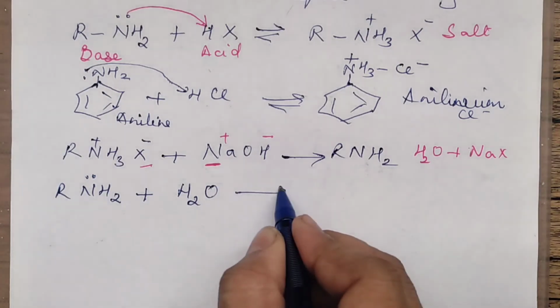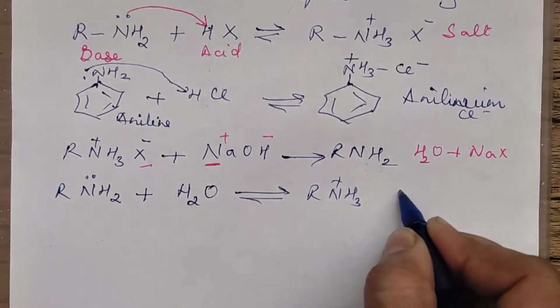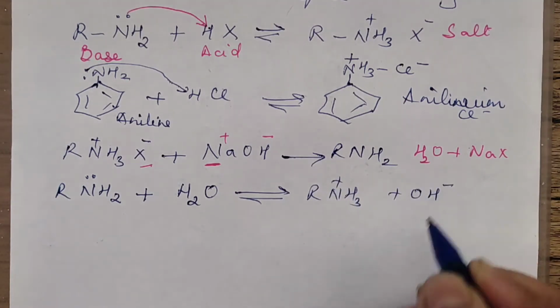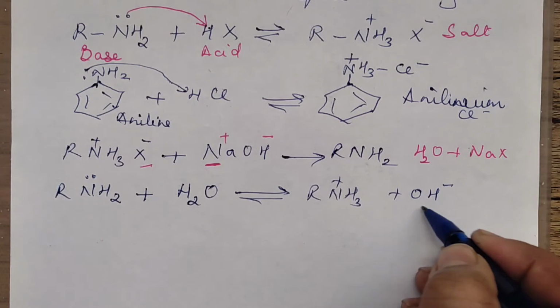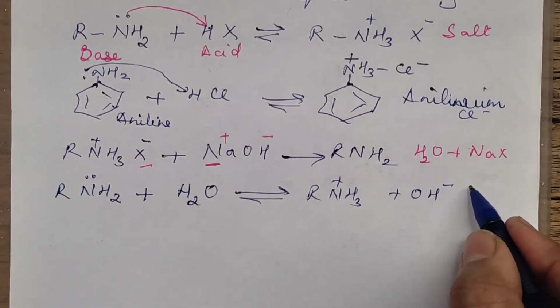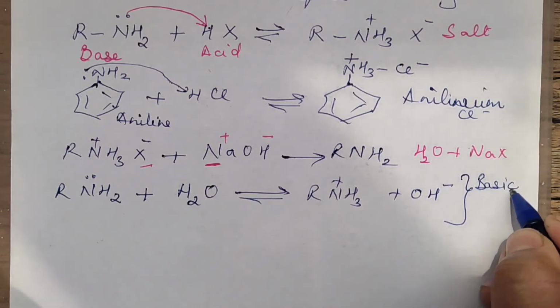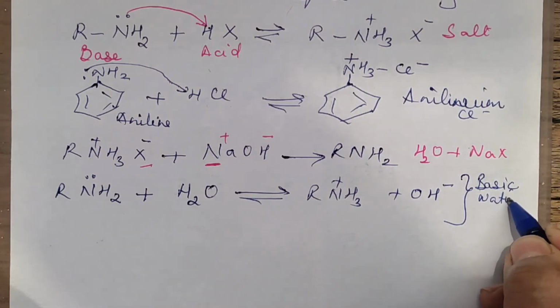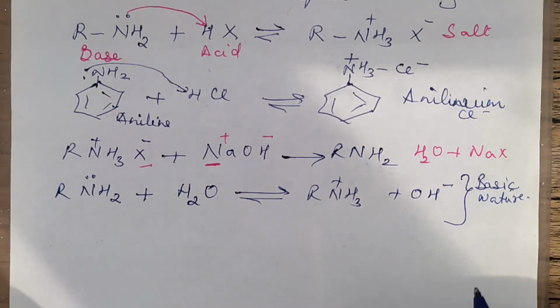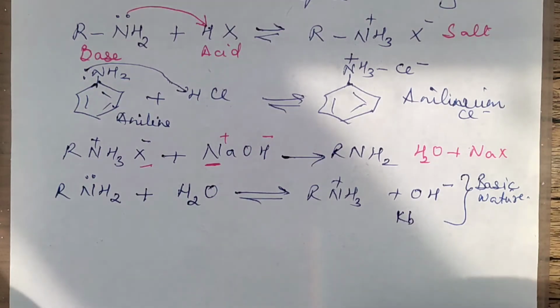That means it will form RNH3 plus, liberating OH minus. So in a way it is giving out OH minus. When it is giving out OH minus, what we can say by this reaction is that the amine is basic in nature. Now, we can also express this in terms of the Kb values or the pKb values.